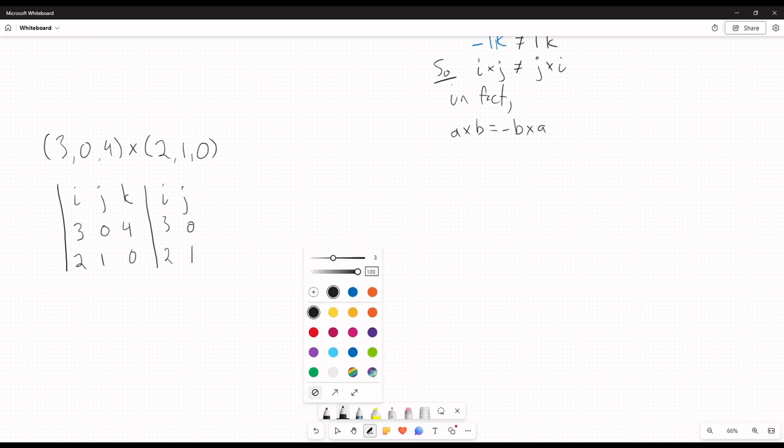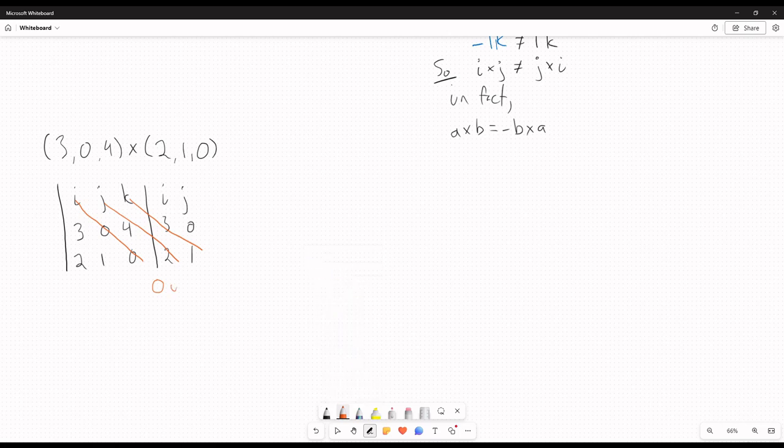And then we'll draw our lines for the addition direction. We'll see that here we have 0i plus 8j plus 3k.